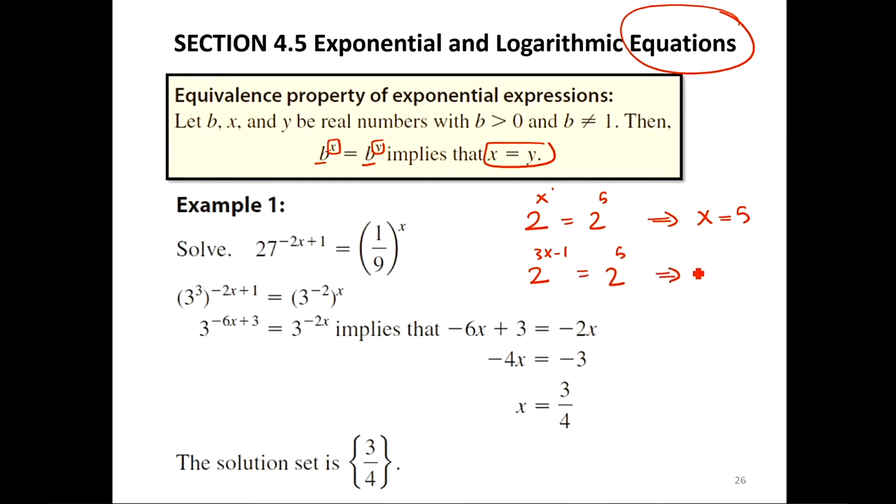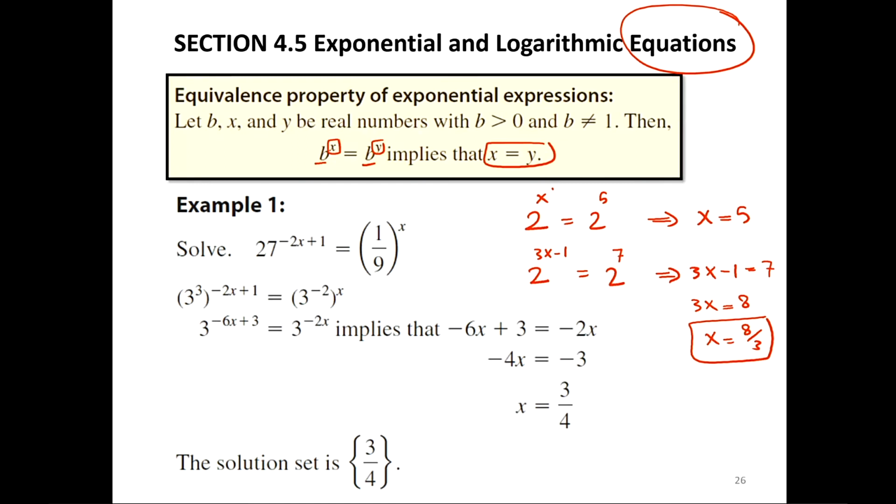So we can conclude 3x minus 1 equal 5 also. Or another number, for example, 7. Okay, so we have 3x equal 8 after moving the negative 1 to the other side, then divide by 3, so we have x equal 8 over 3. This is the value of x. Exponential equation means the x is in the exponent. You can find the x in the exponent.